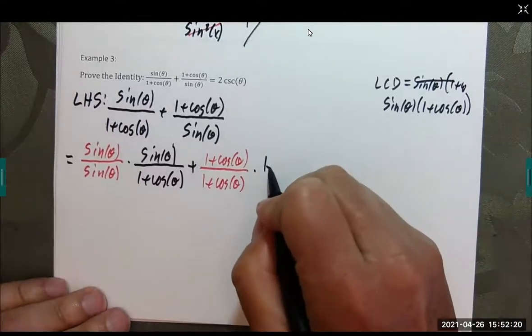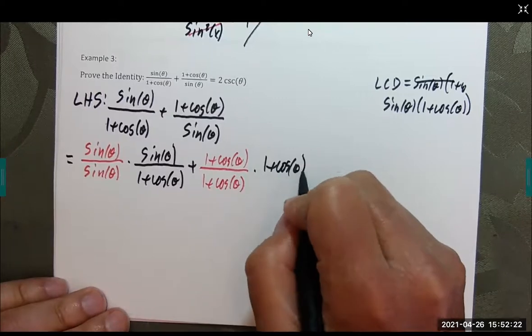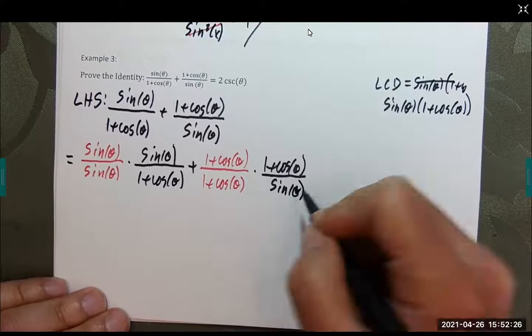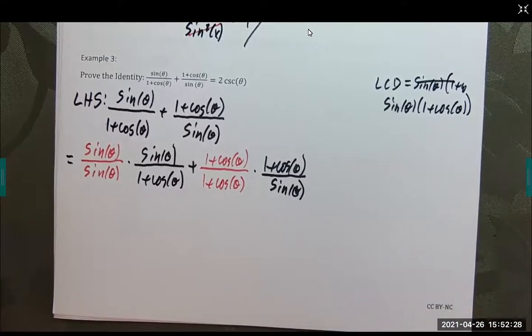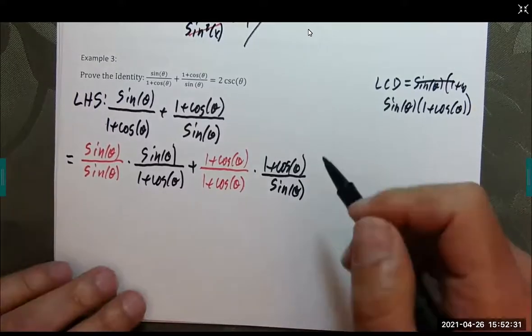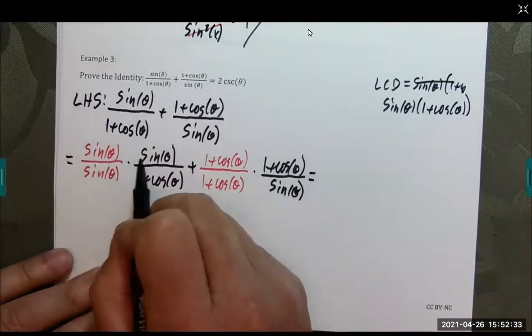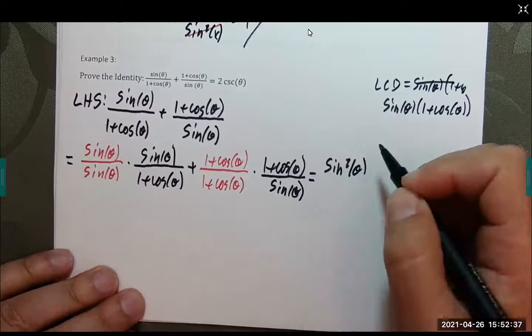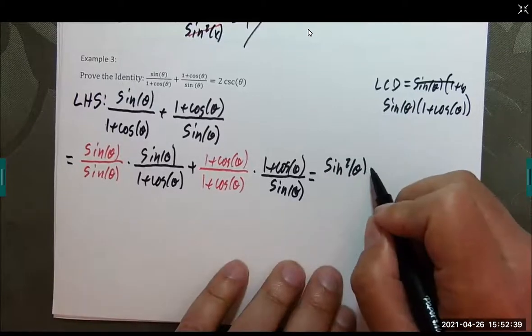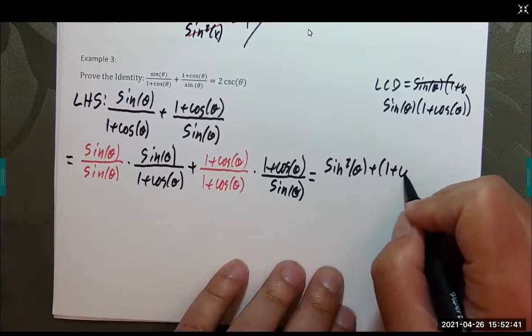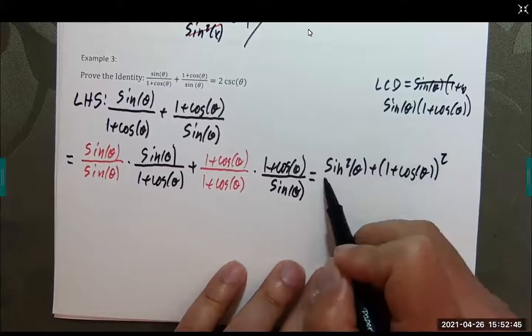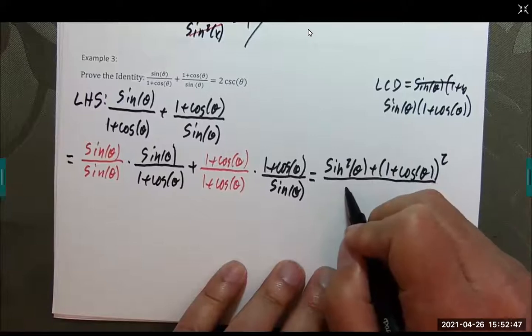That's 1 plus cosine theta. And that's going to give us, up top, sine times sine, that's sine squared theta. You can see these are getting a little complicated, plus 1 plus cosine theta squared over our common denominator.